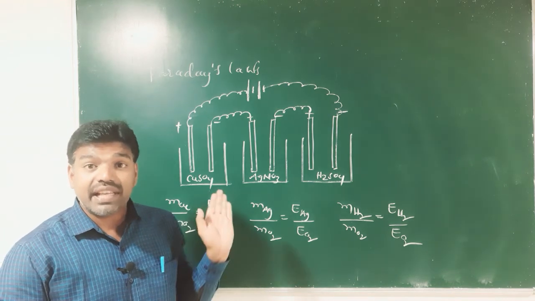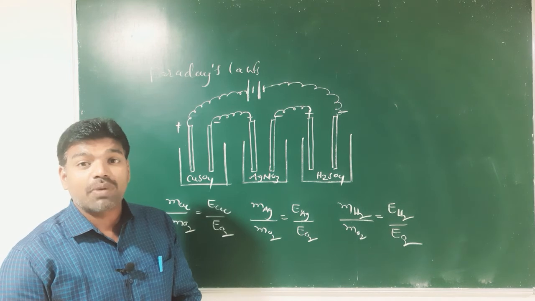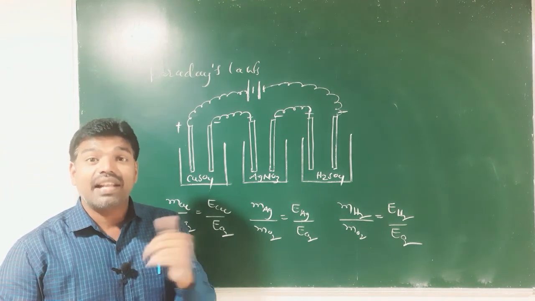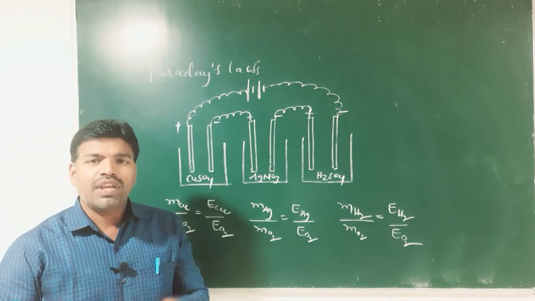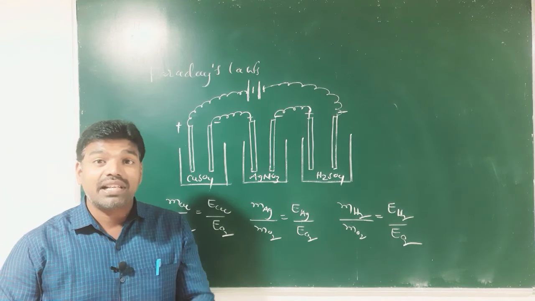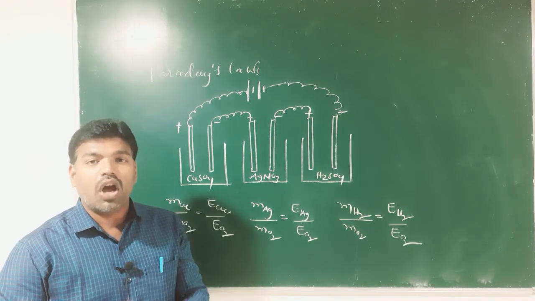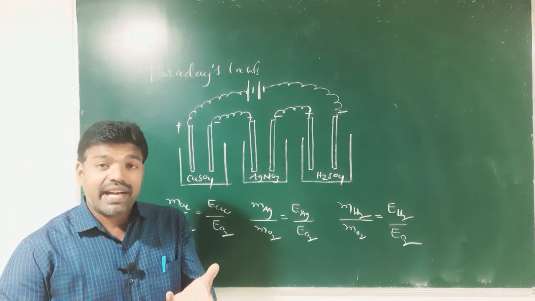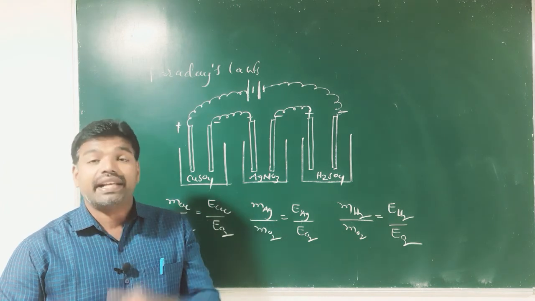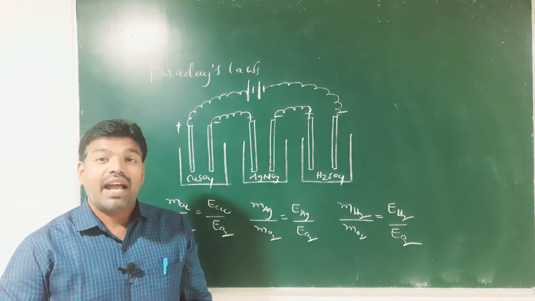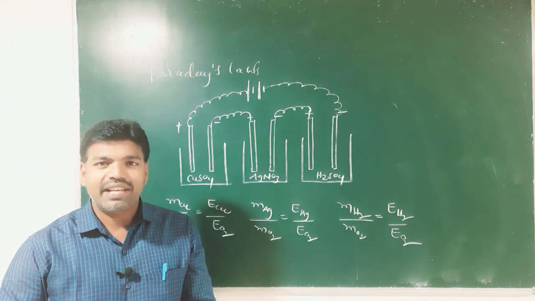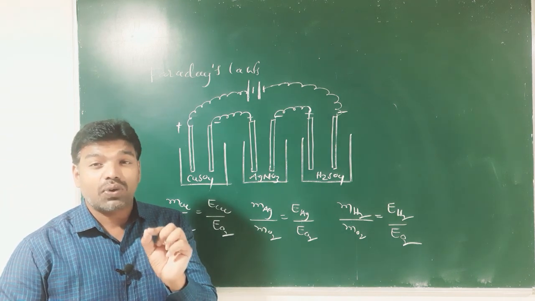This technique is useful for determining the mechanism of chemical reactions, and for the extraction of metals. In the metallurgy lesson, we will learn how we extract metals from their sources, and with the help of the electrolysis technique we can extract metals from their raw materials. And this technique is useful for determining the mechanism of chemical reactions.